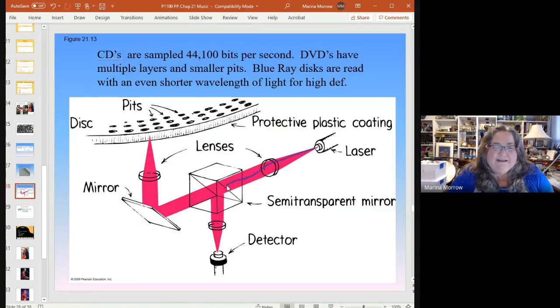It hits this splitter, which allows some light to go down to the detector. Some goes up, bounces off the disc and back and rejoins, and they'll be out of phase now. The detector detects how much they're out of phase, and so it will detect the presence or lack of sound, and that will give you your frequencies.